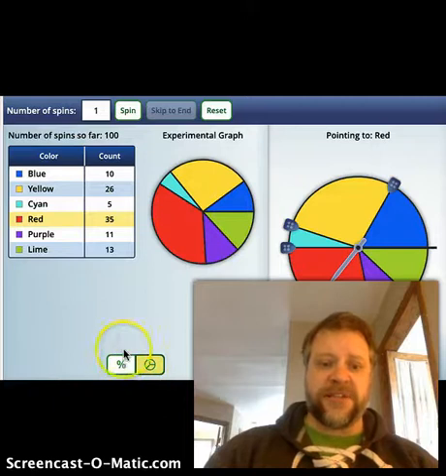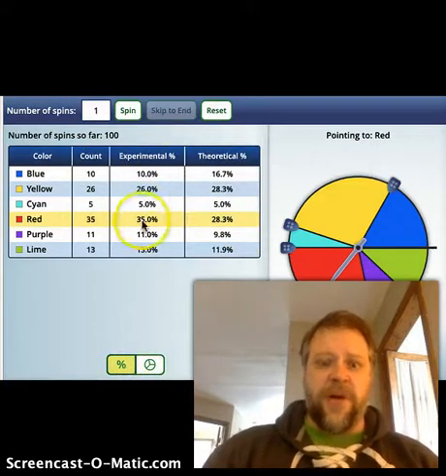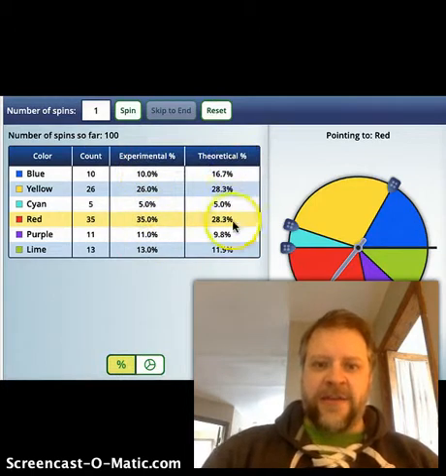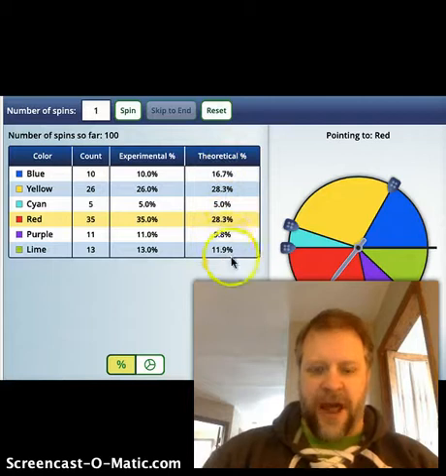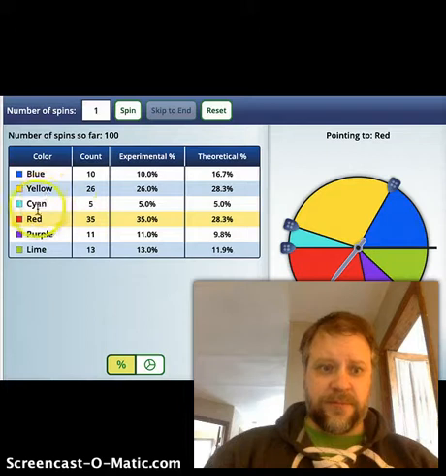And if we click on this button down here, you'll actually see the percentages. Here's the experimental probability. This is what I actually got. And this is the theoretical probability. This is what I should have gotten. Yellow and red are the same size, so I should have gotten them about 28% of the time.